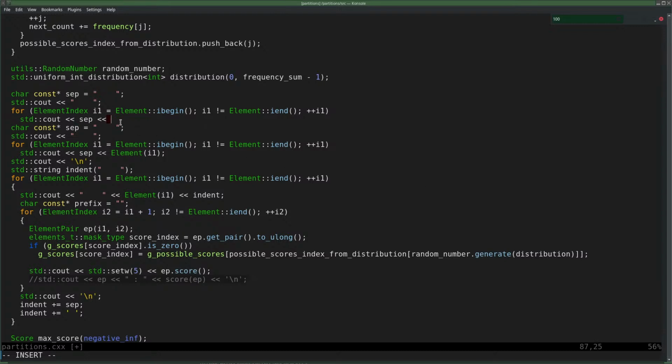So here then I would have to add the sum, score sum, whatever.